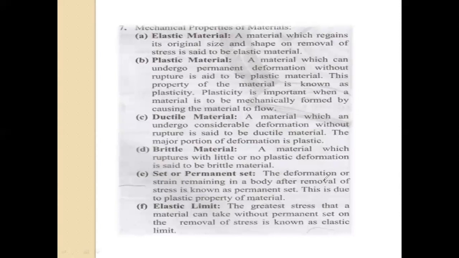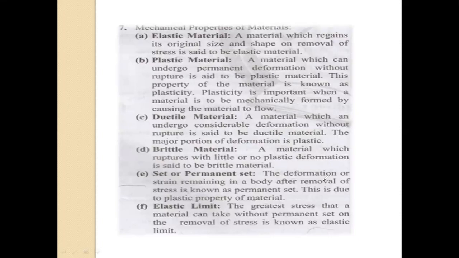Permanent deformation occurs, so this material is plastic material. This property of the material is also known as plasticity, and plasticity is important when a material is to be mechanically formed by causing the material to flow. Just remember that plastic material means permanent deformation.